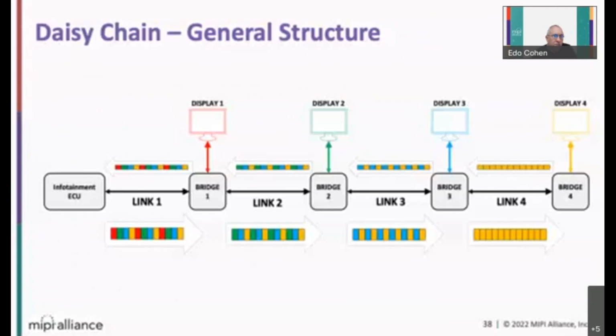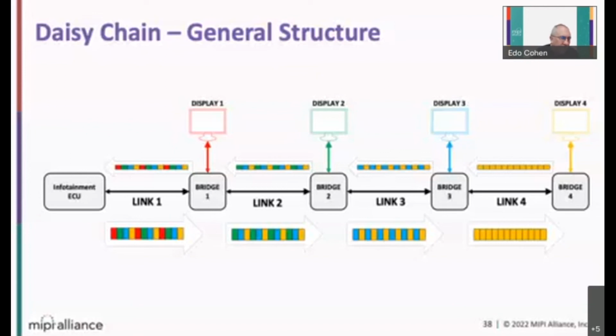So this is a very simple schematic diagram of how the daisy chain is working or is planned to work. What you can see here is that there are 4 displays connected in a daisy chain connectivity to one ECU.